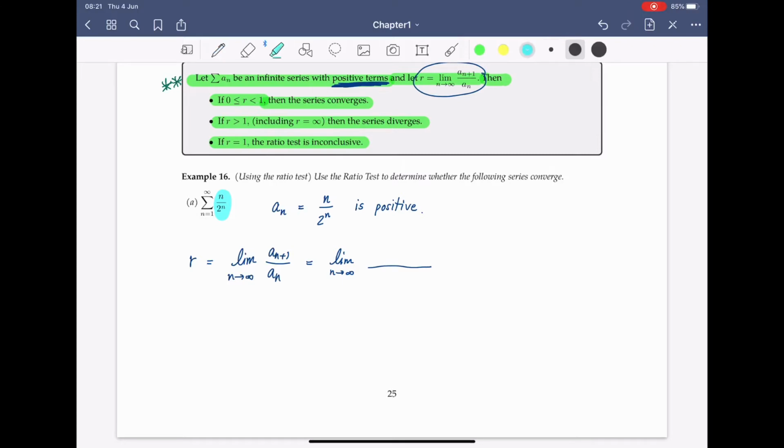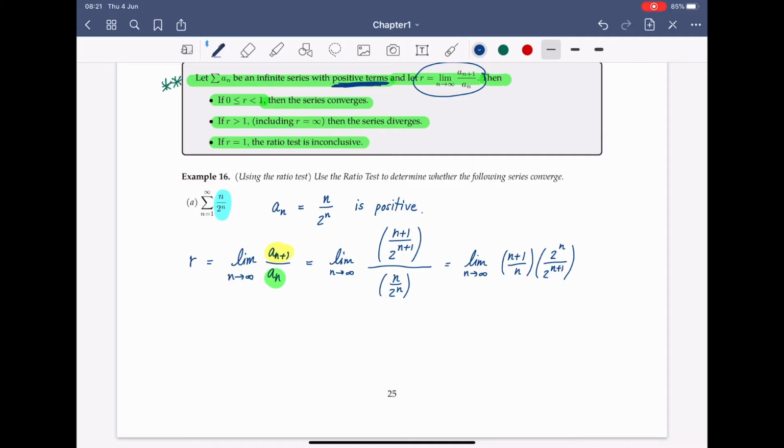For a_(n+1), you replace n by n+1, so you have (n+1) over 2 to the (n+1). And a_n is n over 2 to the n. Then you just need to simplify it. I will have (n+1) over n here, and then I will have 2 to the n over 2 to the (n+1) here.